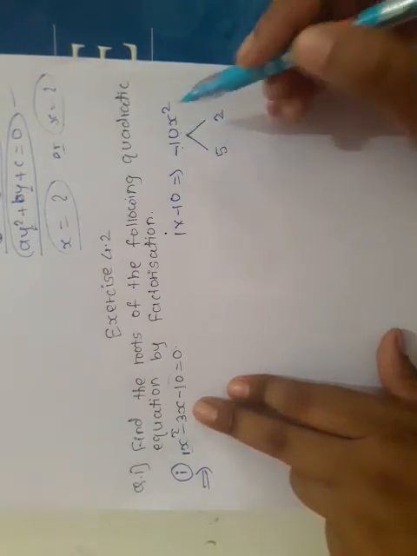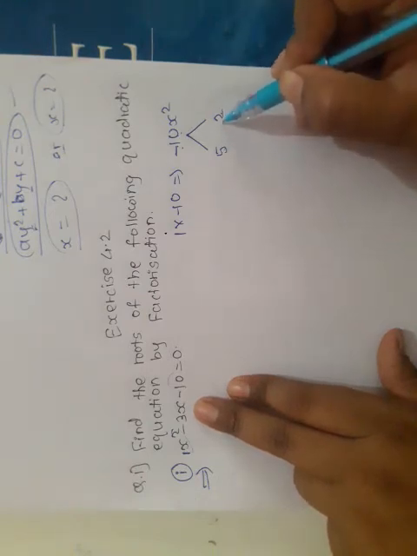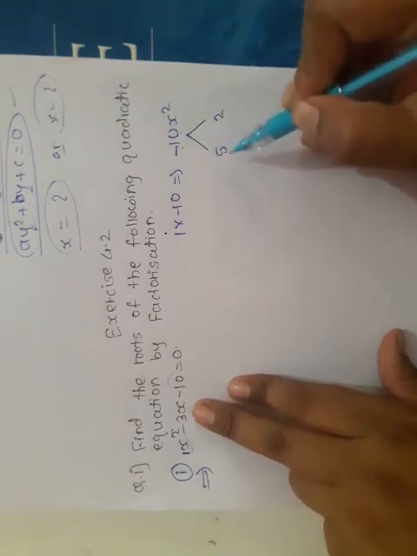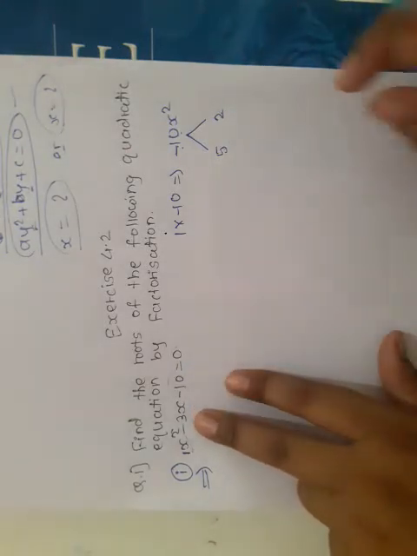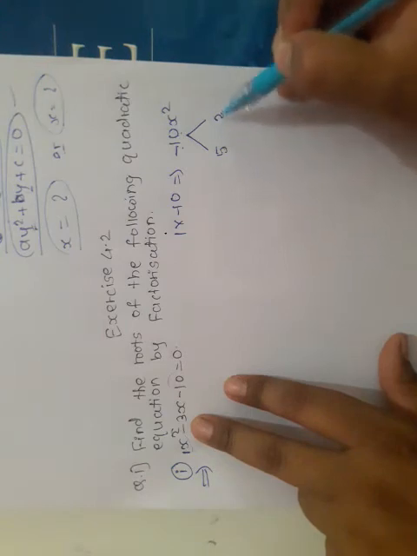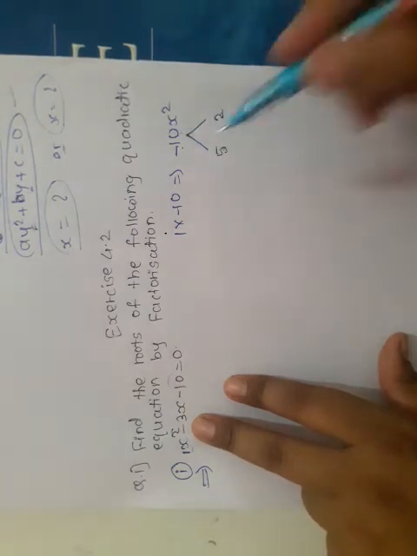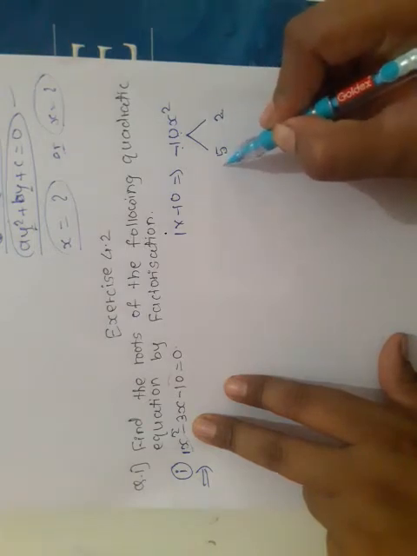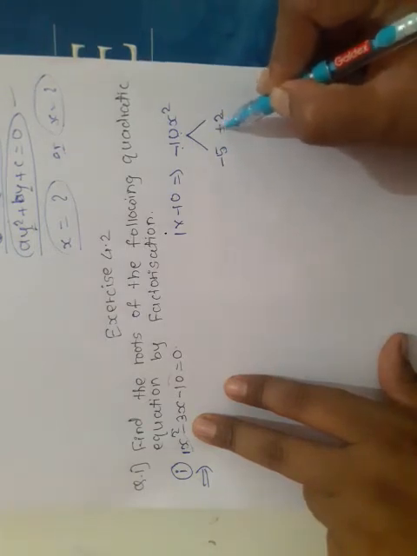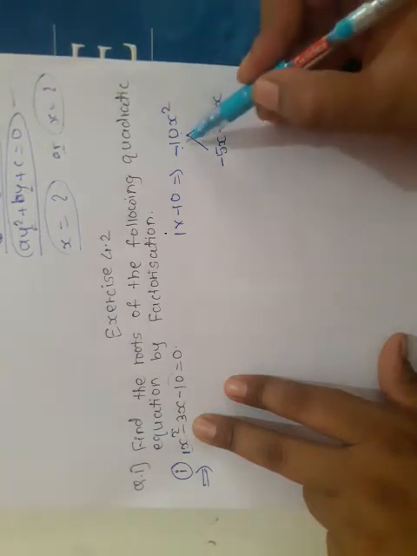If we take the subtraction, 5 minus 2 we get 3, but we need minus 3 here, and when we take the multiplication we need minus 10 as the product. So the signs are like this: minus 5 and plus 2. Minus 5x and plus 2x are the factors of minus 10x square.